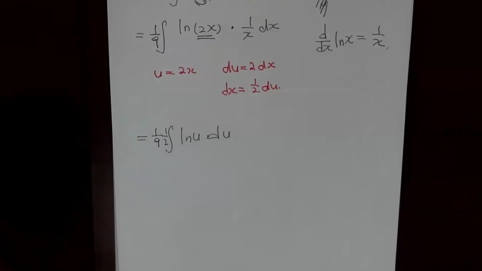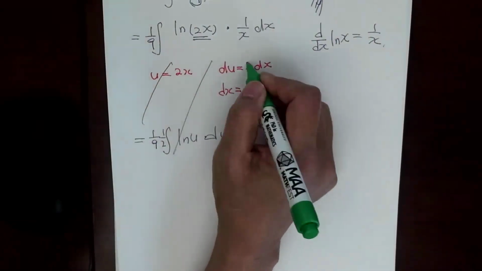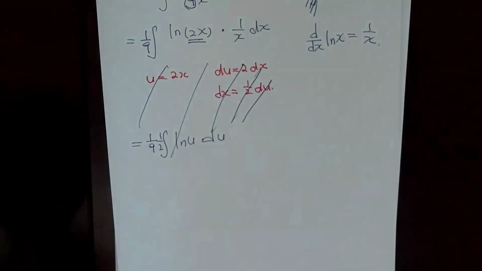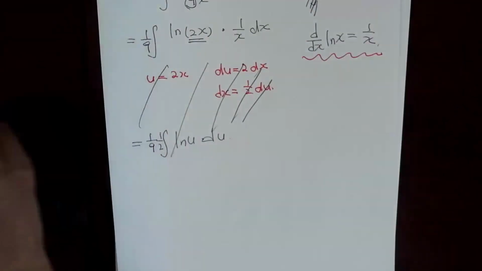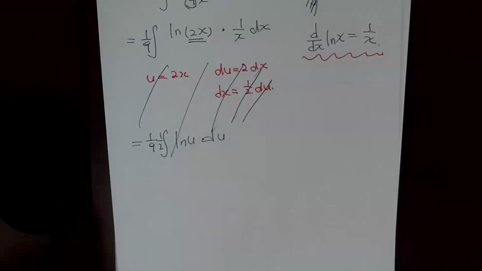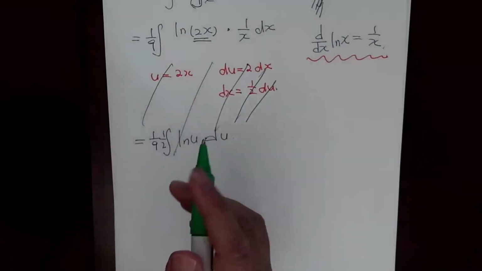So actually, did you notice something? Yeah, 1 over x. And so we have to put u equals natural log, right? I wrote here, and then instead of discussing the chain rule, I just put u equals 2x.